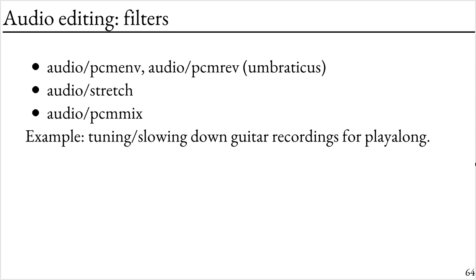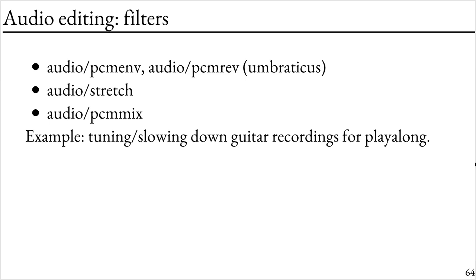From Umbraticus again, we have PCM-env, which computes fade-in and fade-out envelopes, and PCM-rev, which just reverses audio. There's audio stretch, a port from Unix, which can either stretch audio without changing its pitch, or change its pitch without stretching it. And there's PCM mix, which lets us mix multiple files together and also change the overall volume.